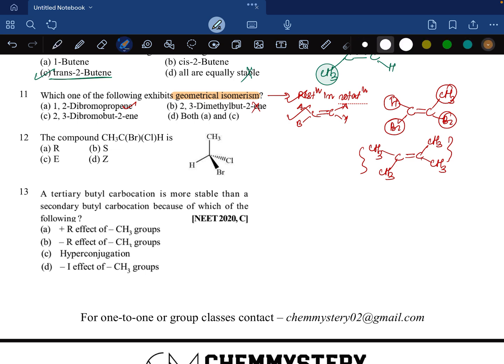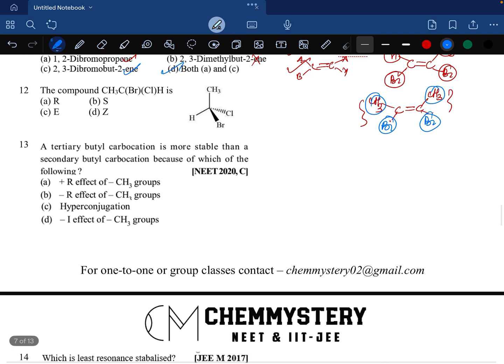This time, in place of this methyl group, if I put the bromo group, 2,3-dibromo. So bromo here and bromo here. Groups are different. This will also show geometrical isomerism. So both A and C is showing. My option is D, both A and C.